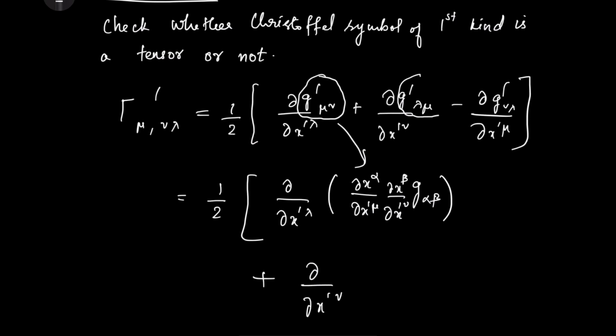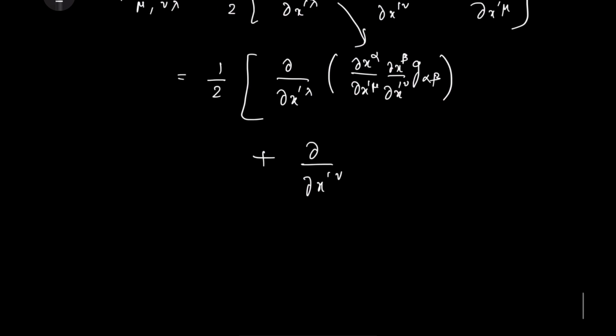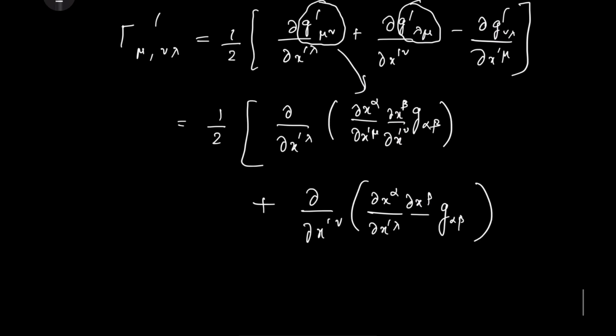Now I have to write for g prime lambda mu, so let it transform to g alpha beta. Then partial derivative of x alpha with respect to x prime lambda, then x beta with respect to x prime mu.